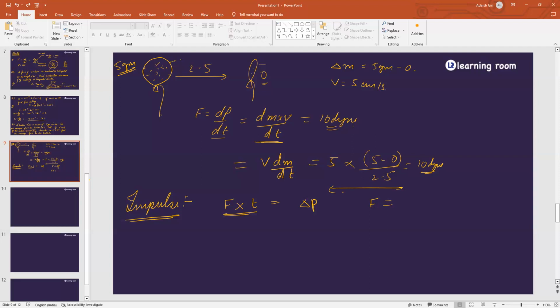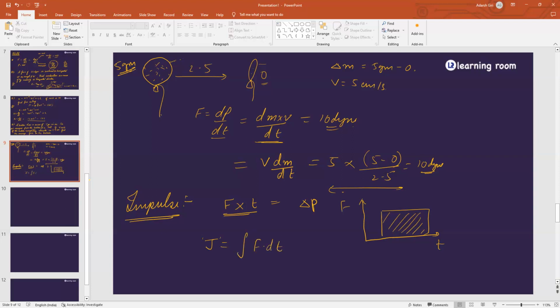One more thing. Force can also be calculated by calculating the area under the force-time graph. If you calculate this area, you'll get the impulse. Another way, impulse is shown with this letter J. So it is the integral of F dt.